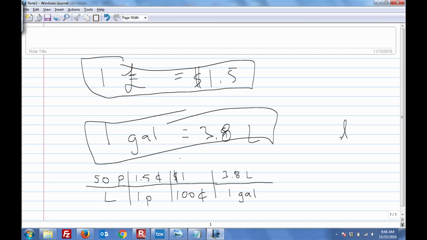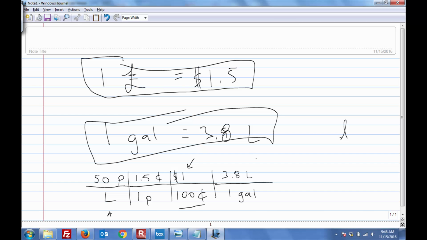Just to run through this as an exercise. So 1.5 cents would be the same as 1 pence. And then to get from cents to dollars, I know that there are 100 cents in $1. And then finally, I need to do my volume conversion. So I've got liters here in the denominator.